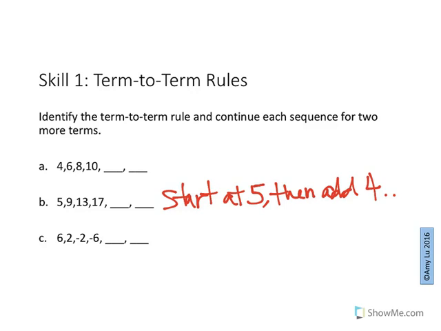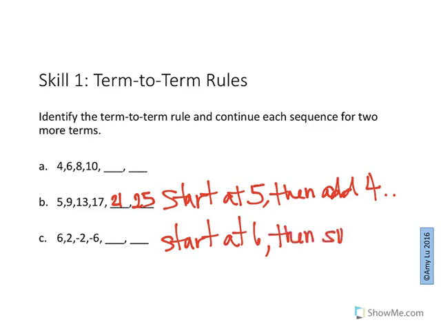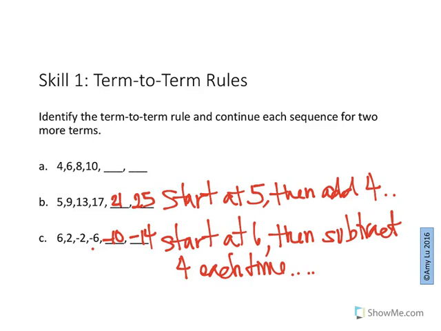So 17 plus 4 is going to be 21. 21 plus 4 will be 25. For C, you have to start at 6, then subtract 4 each time. So 6 minus 4 is going to be negative 10. Negative 10 minus 4 is negative 14.